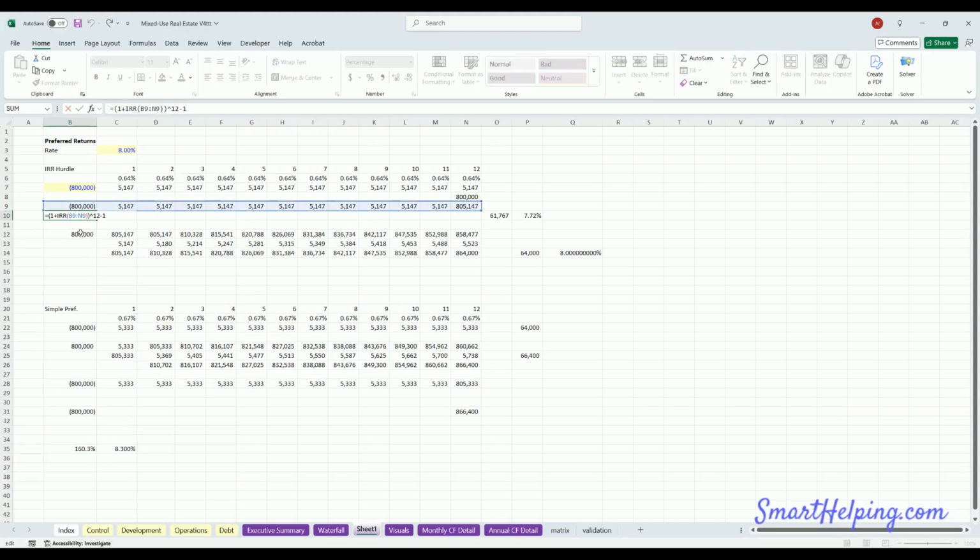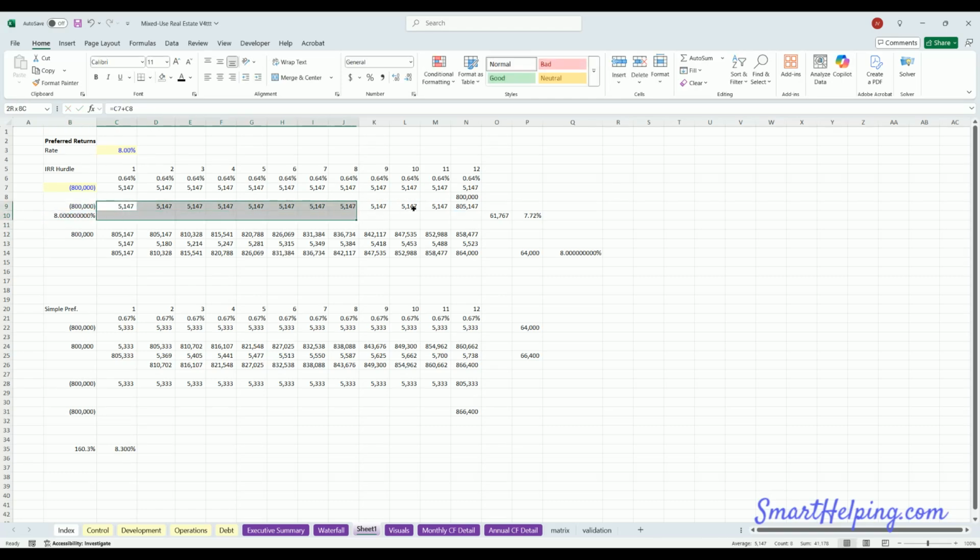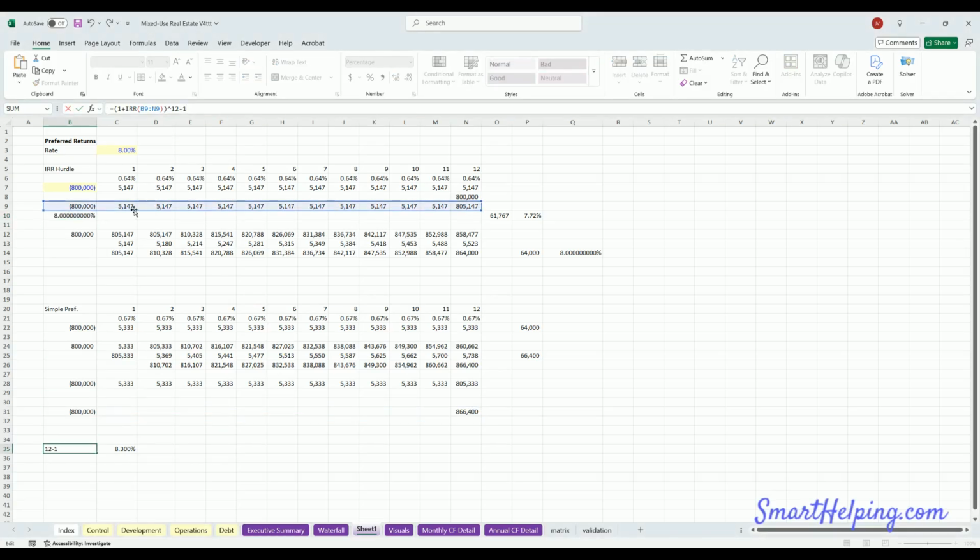So that's the annual rate. Let's just double check. It just seems so high, but it makes sense that it's higher because you're compounding at the simple.